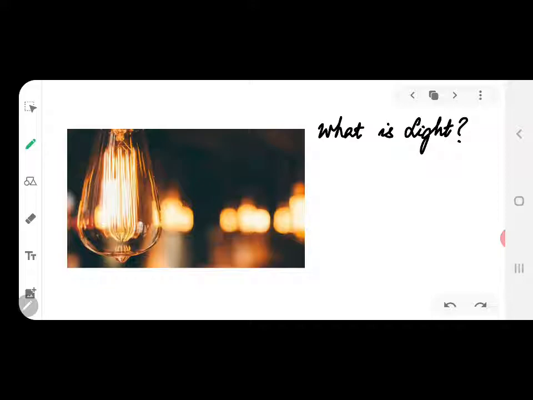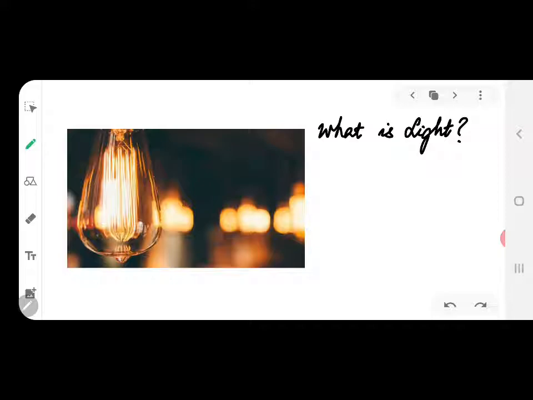Naturally, a question arises, what makes objects visible? It is the light, either emitted by the sun or by electrical lamps, tubes, CFLs, or any such source. The light itself is invisible, but we can see objects only in the presence of light.